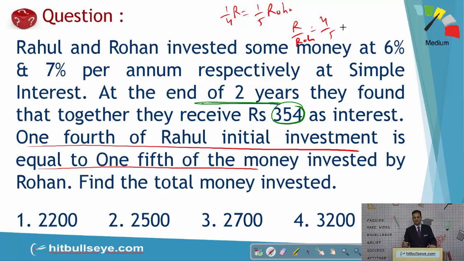Total investment 4 plus 5, 9. So the answer should be a multiple of 9, because the answer is in whole number.